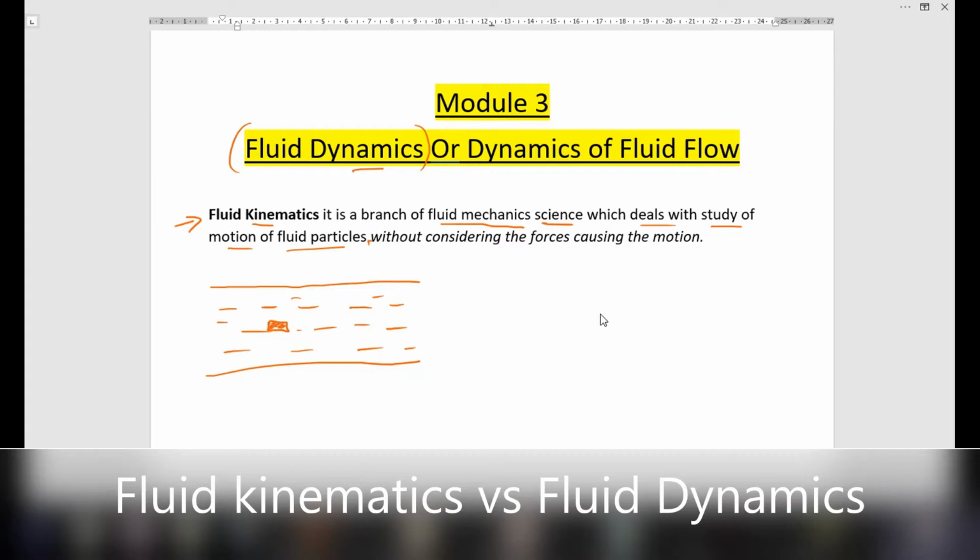This particle is located at a distance of x1 from the inlet. This section I will take as the inlet, and this section as the outlet. The particle is located at a height of y1 from the bottom plane of the pipe.